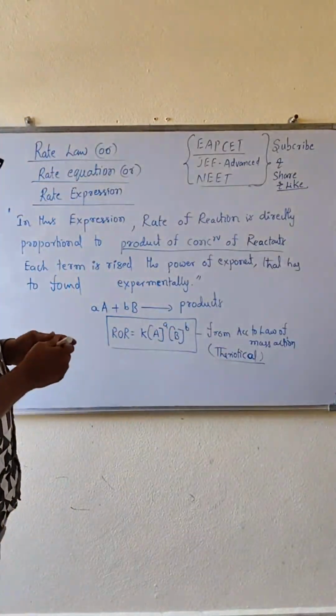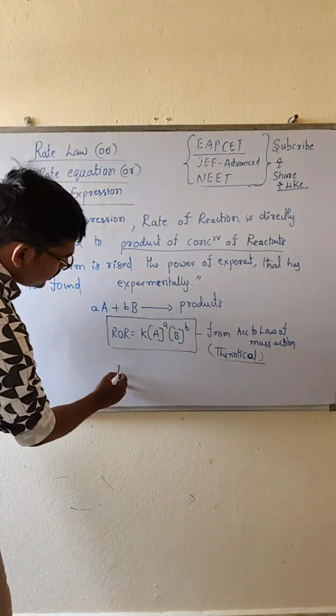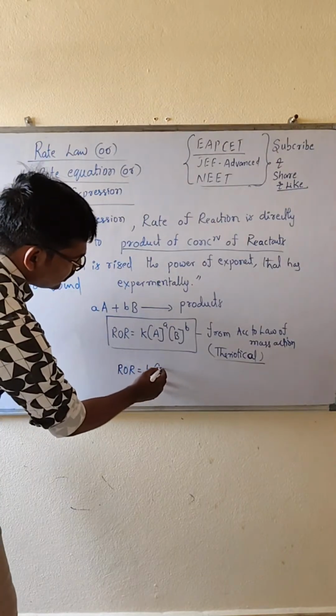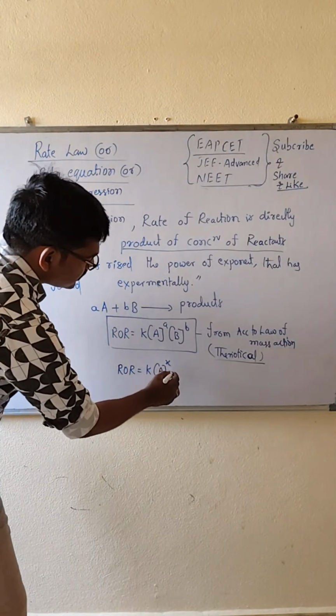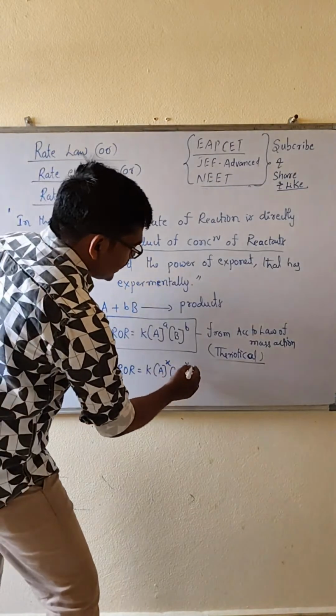But actually, the same rate of reaction equals K into A to the power of x and B to the power of y. This is practically determined.